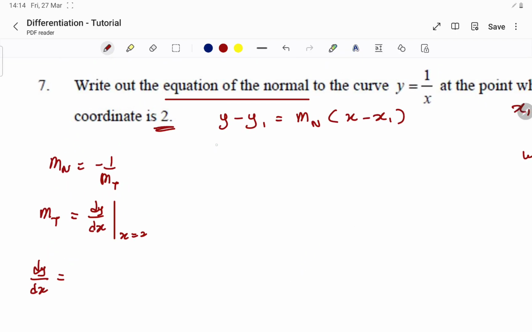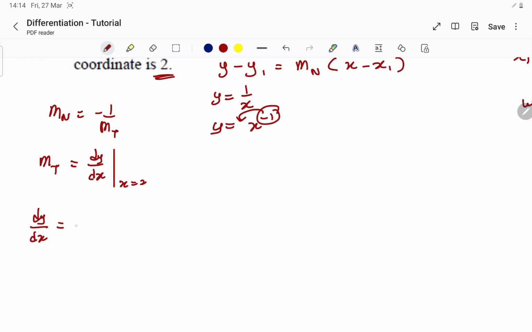Where our y is equal to 1 over x. Okay, then easier for you to differentiate, change this to index. So your y become x to the power of negative 1. So you bring negative 1 in front. So negative 1, and then x to the power of negative 1 minus 1. Then you're going to get negative x to the power of negative 2.